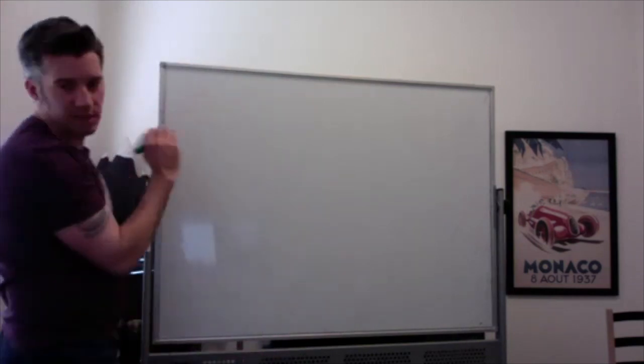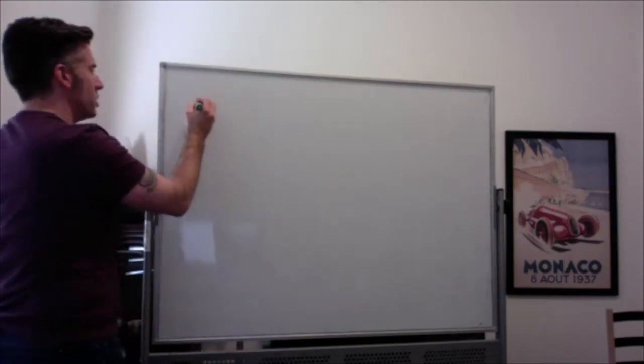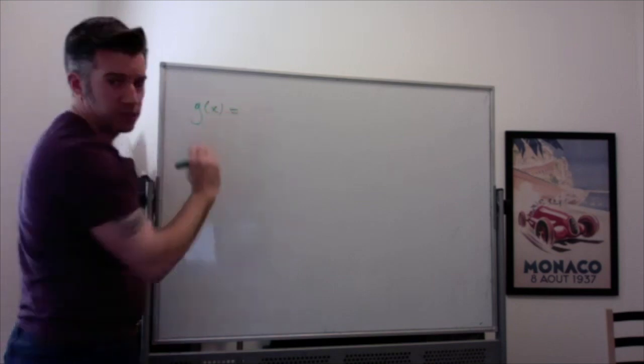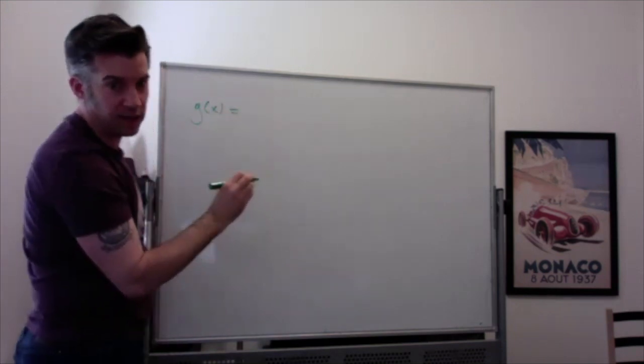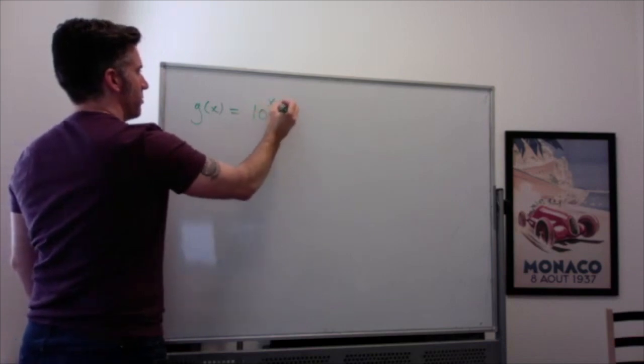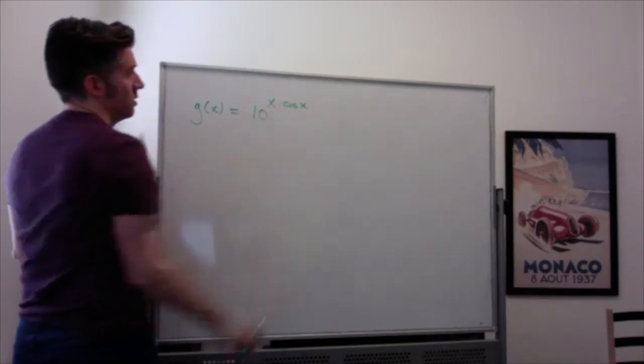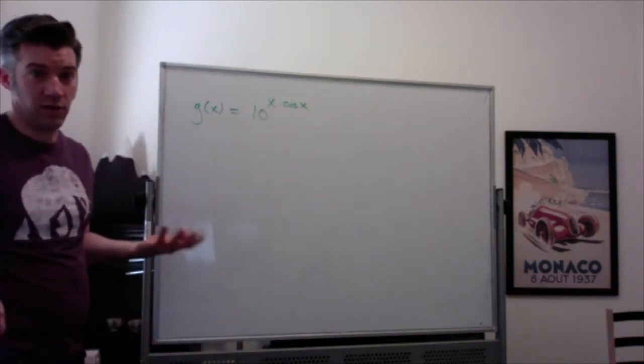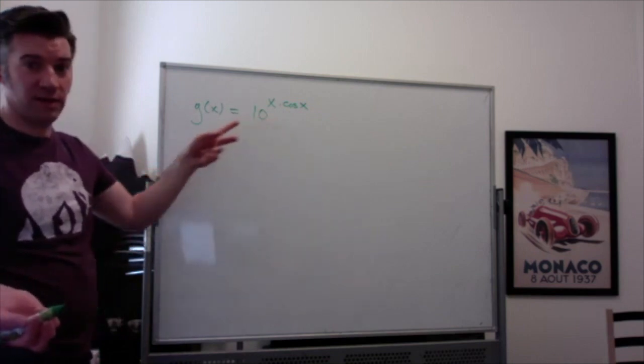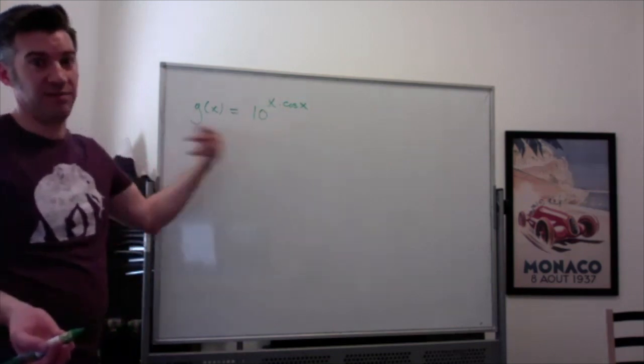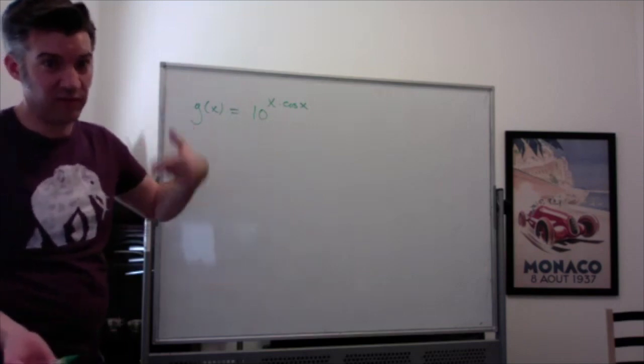Someday. So let's look at g of x equal to 10 to the x times cosine x. All right. So again, the derivative of some base to some stuff is the same base to that stuff times the natural log of that base times the derivative of the stuff.